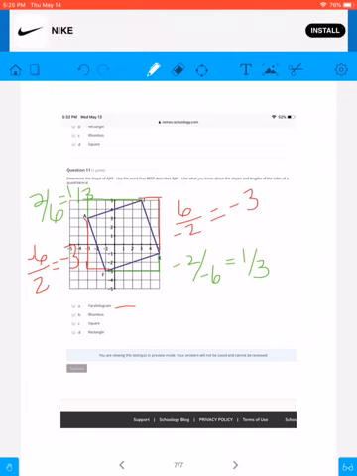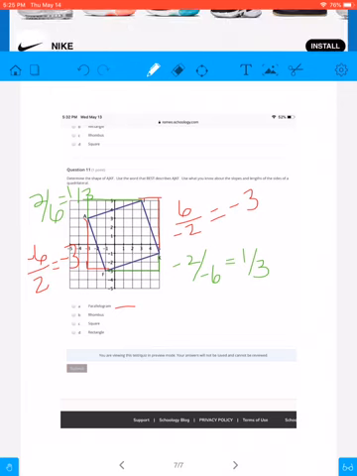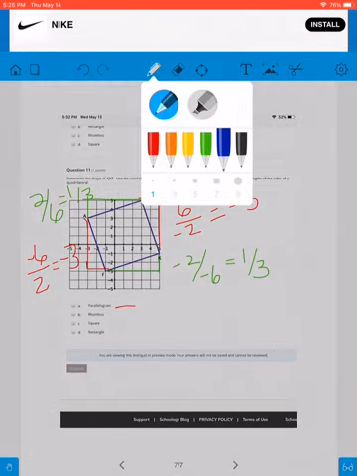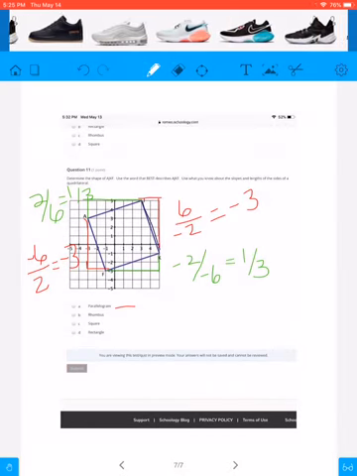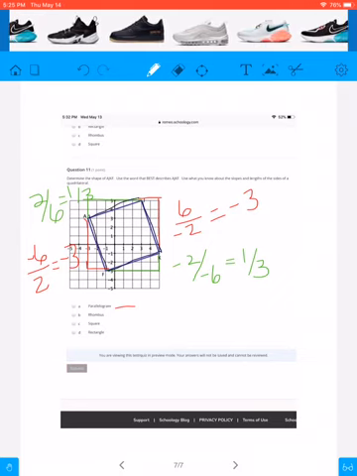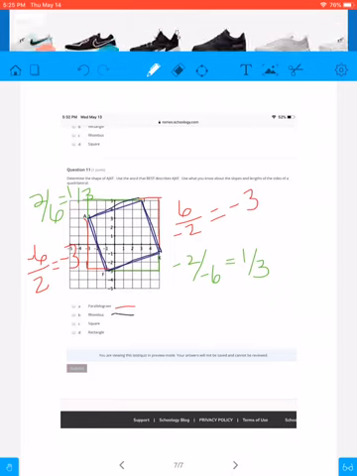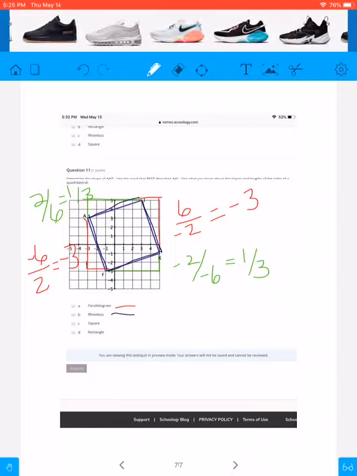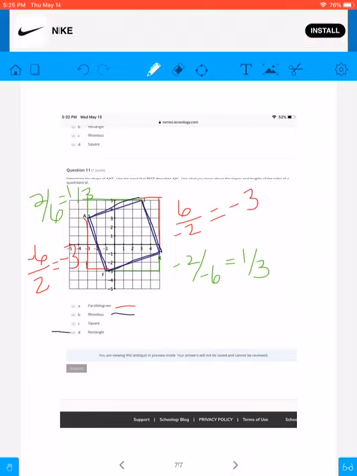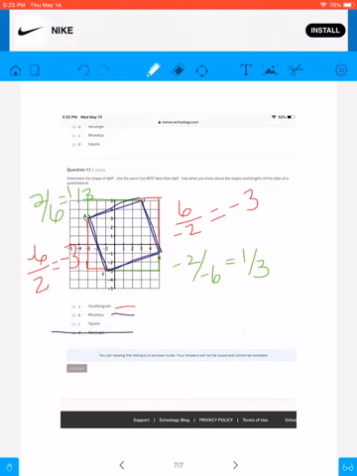We would need to next do the distance formula on all of these sides, and we would find that if we did the distance formula on each side, J to K, K to F, F to A, A to J, all the side lengths would be equal. So it's also a rhombus. And then if we look at the slopes, we can eliminate rectangle because all the sides would be equal if we did the distance formula 4 times.